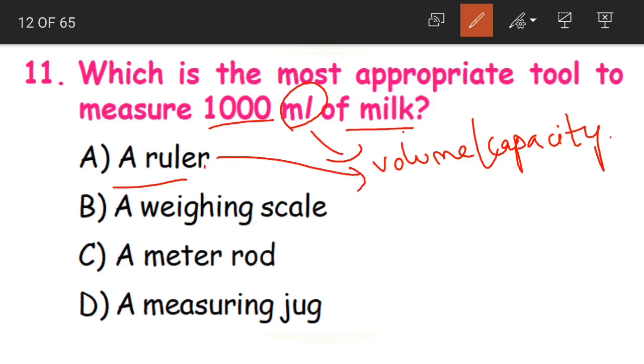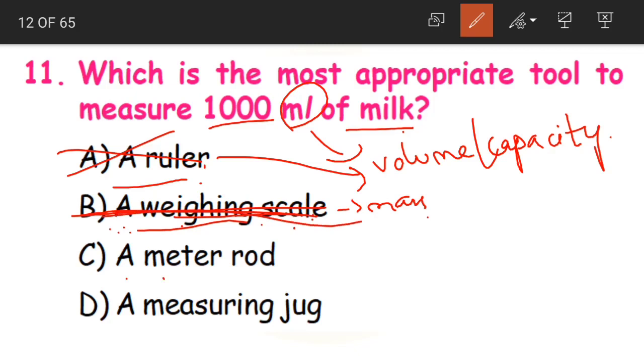Is a ruler used to measure the volume or capacity? No, it is used to measure the length. So option A becomes wrong. Next we have option B, a weighing scale. Again, a weighing scale is used to measure the mass of the objects. So that is why option B also becomes wrong.